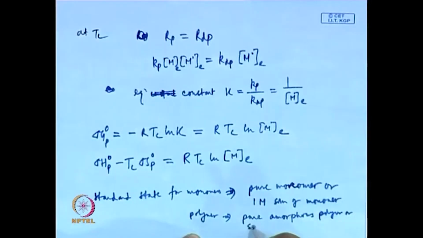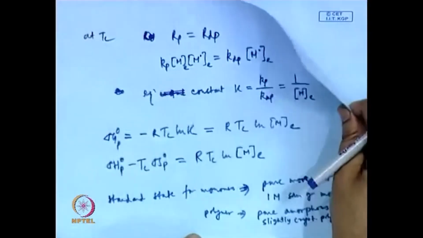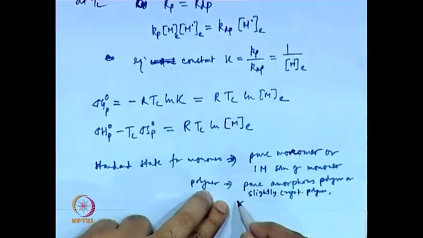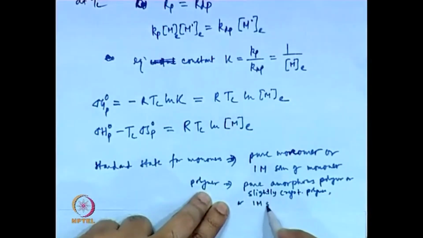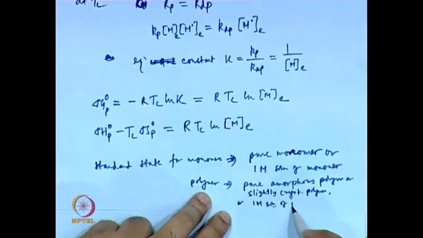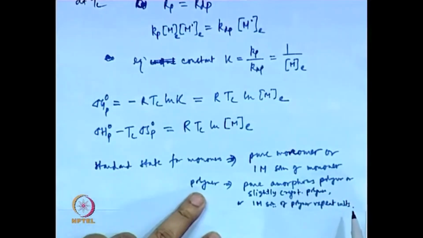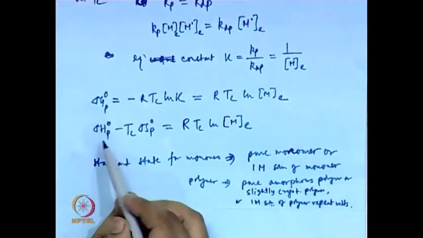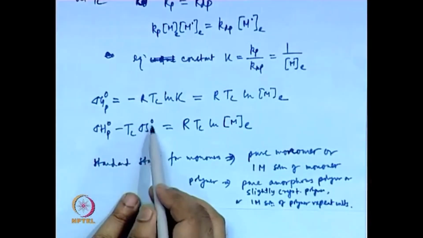or slightly crystalline polymer, or 1 molar solution of polymer repeat units. Okay, so, what do del H 0 and del S 0 mean?